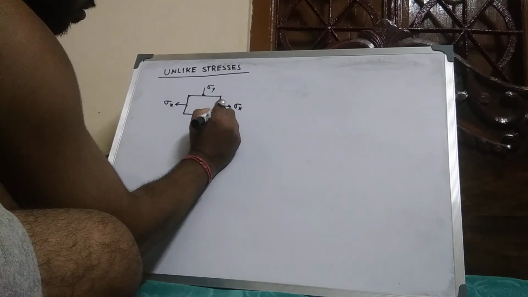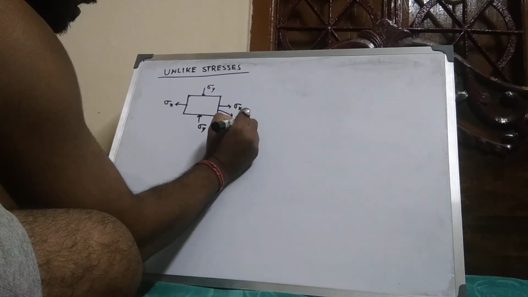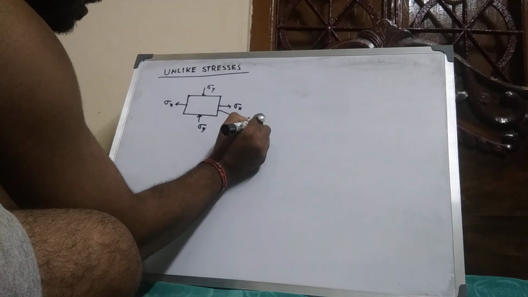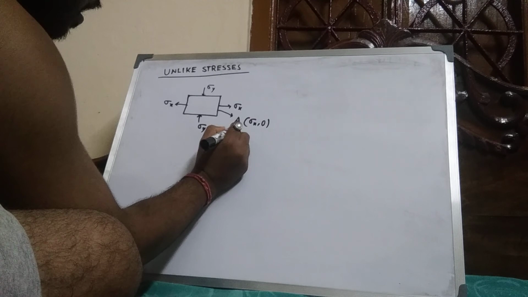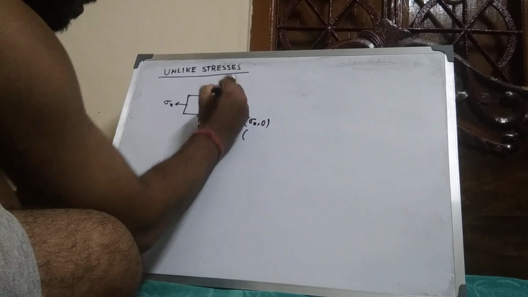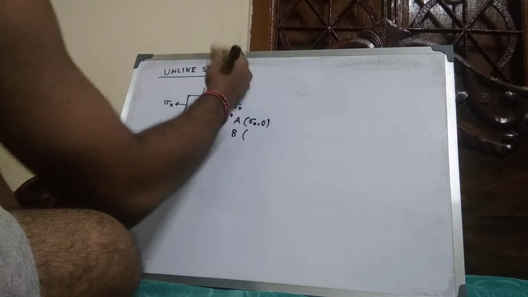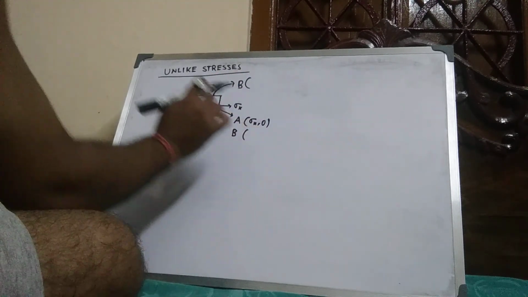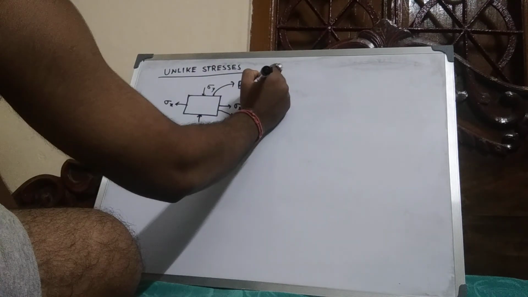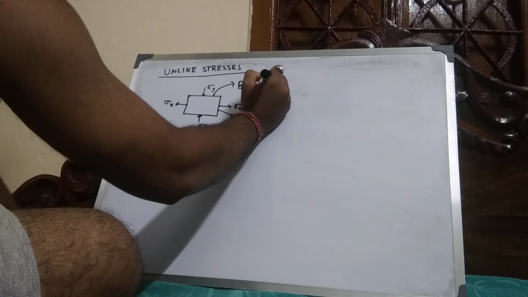Now plane A is sigma x comma 0, and plane B, assume, is minus sigma y comma 0.